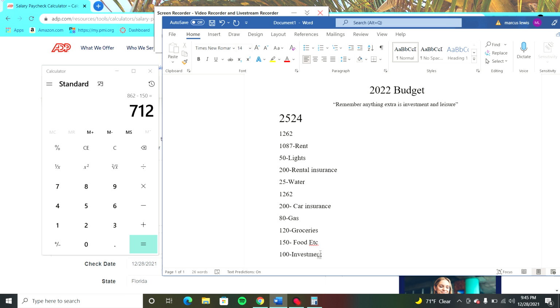If you are investing and putting that in an index fund or in an individual stock, you may do a few option plays here and there to get some exponential growth on your account. So let's say $100. We're now down to 600.